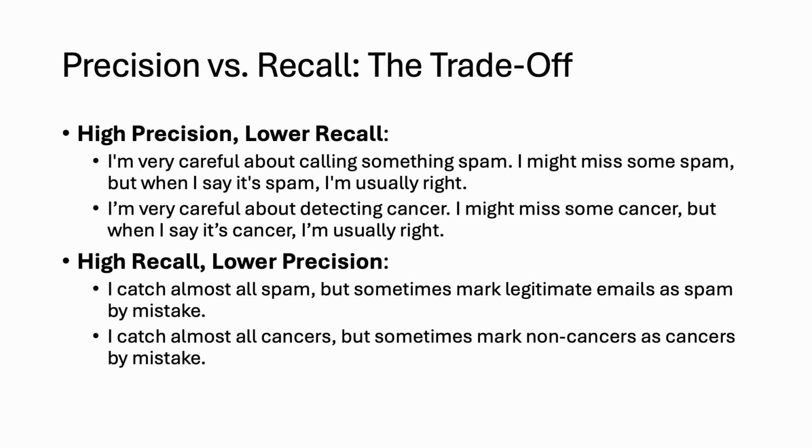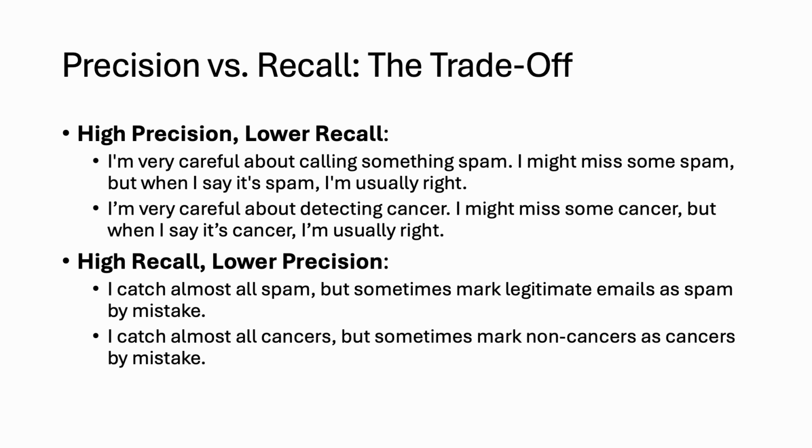If you remember, if it is high precision, then the model is careful about calling something spam. The model can miss some spam, but when it says it is spam, it is usually right.